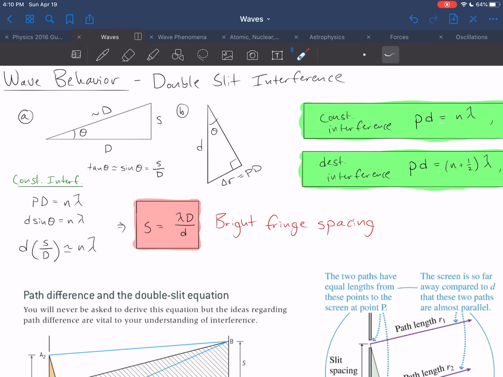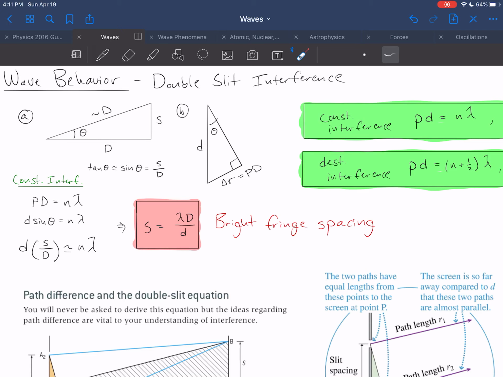So d, little d, times the sine of theta is equal to this far side of the triangle. Another way of looking at it is saying that sine of theta is equal to the opposite, PD, over the hypotenuse, little d. And so if sine theta is equal to PD over little d, then PD equals d sine theta. So we plug that in.